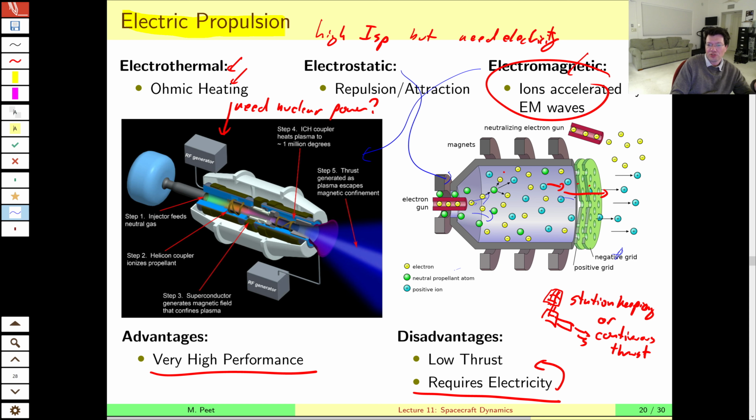The particles move through the plates, away from the positive plate towards the negative plate, and come out the back, neutralized by these electrons, which are spit out here so they don't come back and bump into you again. And this electric potential is what accelerates the propellant out the back.